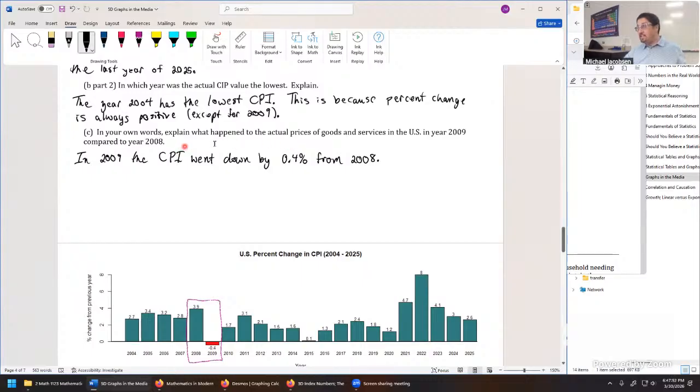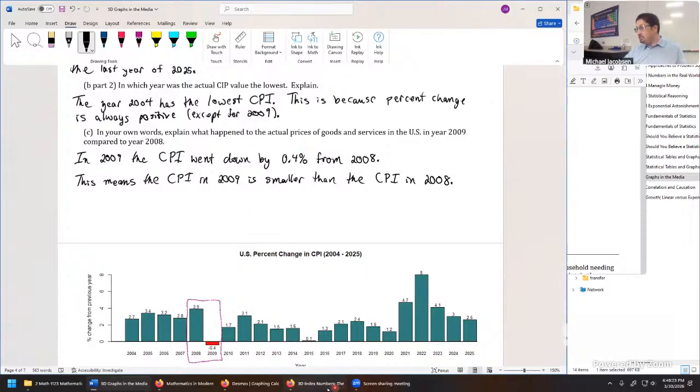So if in 2009 the CPI went down by that percentage, this means the CPI in 2009 is smaller than the CPI in 2008 altogether.